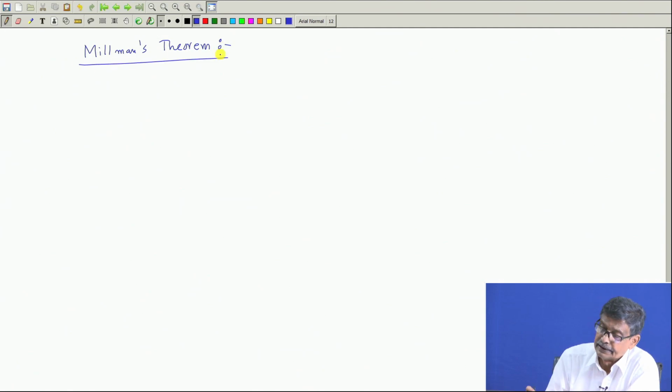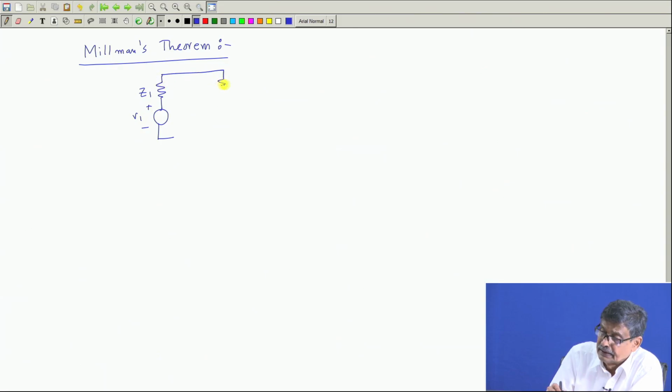What it states is, suppose you have a network having Z1 with some voltage source V1, they may be phasors, impedances, DC, AC, whatever it is. There is another source Z2 and here is V2. There are several sources like this, Z3, V3.